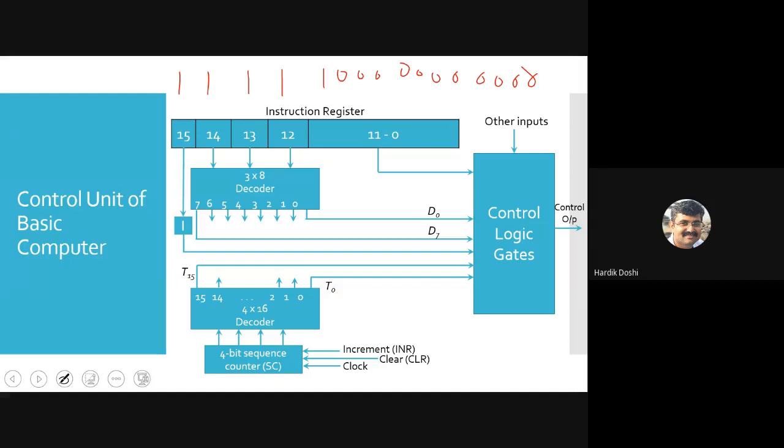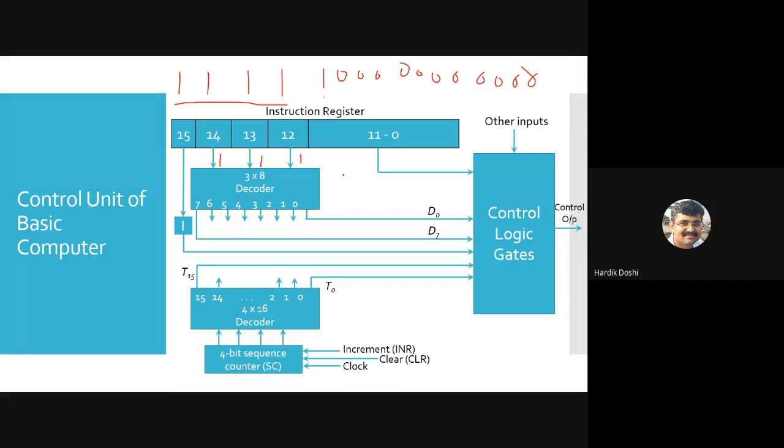Now can you tell me, what is the complete code? F 8 0 0. Yes or no? Yes. So F comes into the picture. That means all these three bits are 1, which are to be decoded. So over here it will be 1, over here 1, and over here 1.